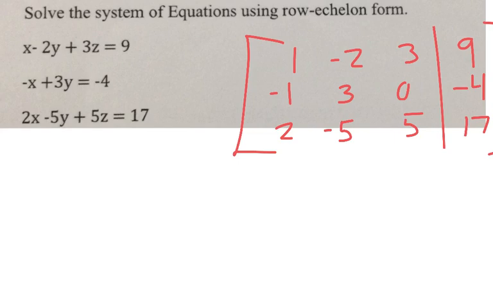Let's see, hopefully, my first step would be to take row 1 and combine it with row 2. Right, because that's going to get rid of the 0 from the very beginning. It's going to give me a 0, I should say.